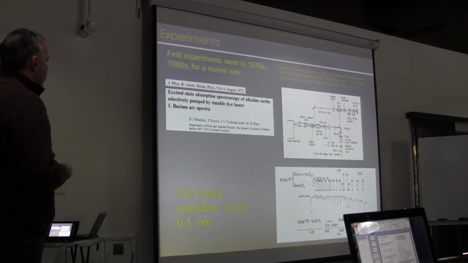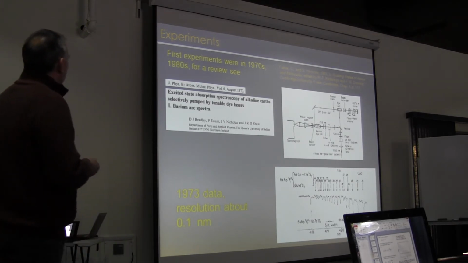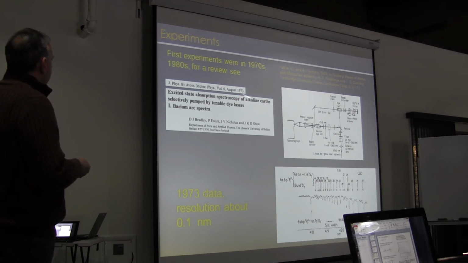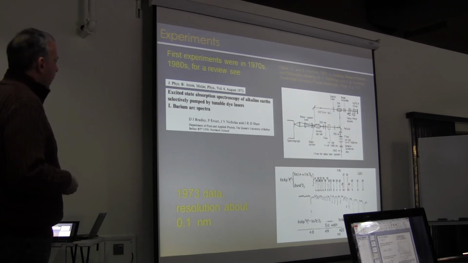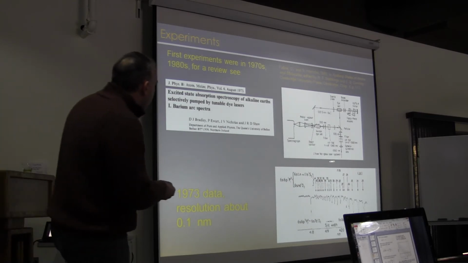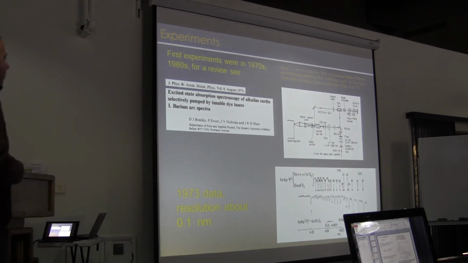One of the first experiments I came across in the literature is this work on spectroscopy of Rydberg states of alkaline earths. This is 1973 data, resolution about 1/10 of a nanometer, which was taken using a neodymium glass laser system, so a pulsed laser system.